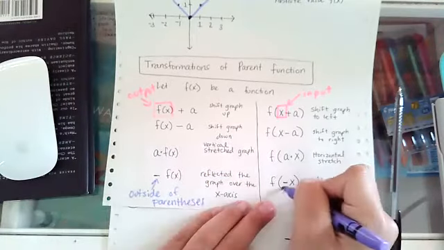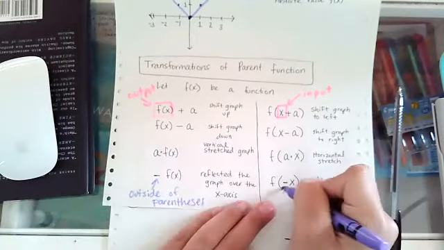Even when I introduced this as a number being added to the output, in my head, I really say to myself, if there's a number being added on the outside of the parentheses, then I'm going to go up. If there's a number subtracted on the outside of the parentheses, I'll go down. If there's a number multiplied on the outside of the parentheses, then it's going to be a vertical stretch. And that's how I differentiate that from shifting left or right, or horizontal stretch, or reflection on the y-axis.